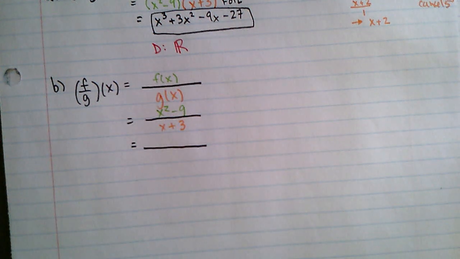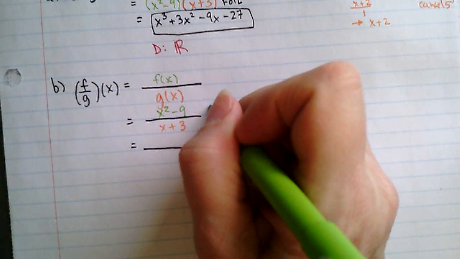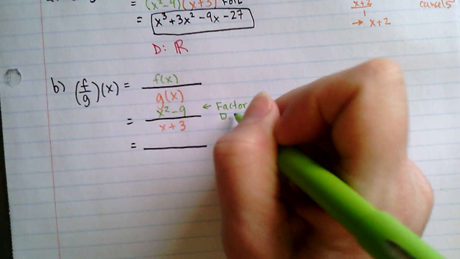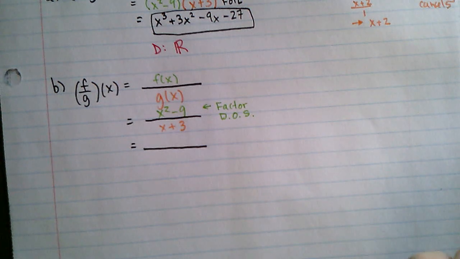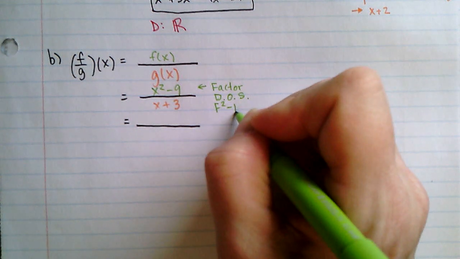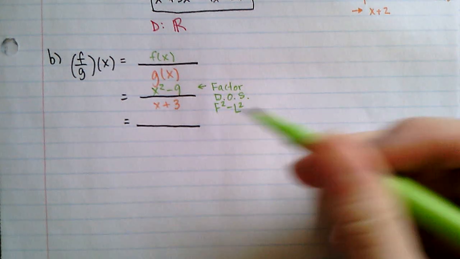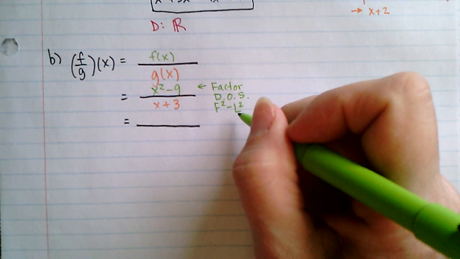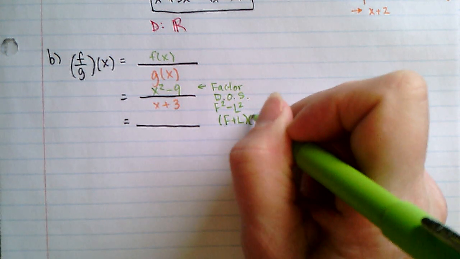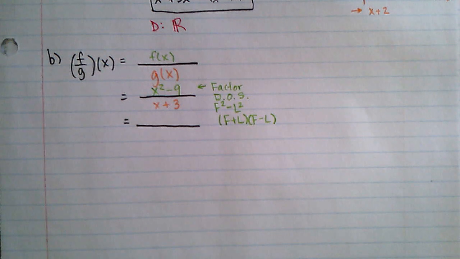The numerator is going to factor by difference of squares. Difference of squares is really common in working with these kinds of functions. Remember, it's f squared minus l squared, and it factors to be f plus l times f minus l.